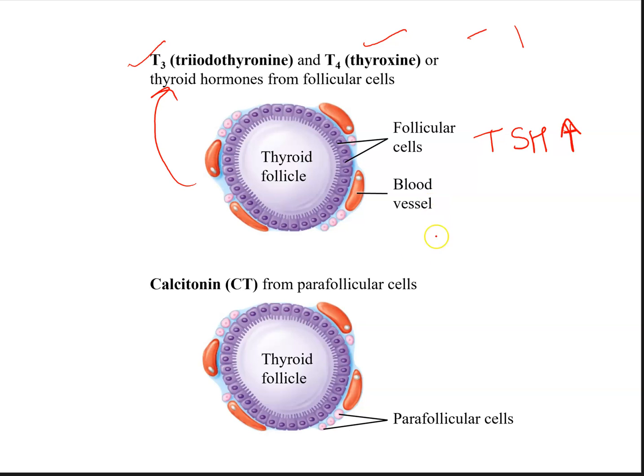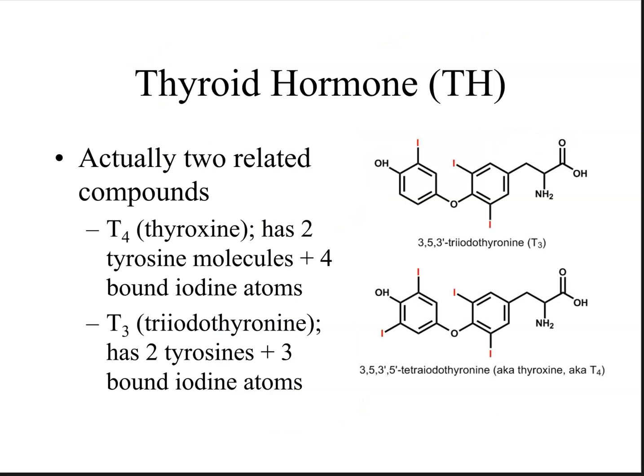So the major difference between T3 and T4 is the number of iodine molecules they contain in the chemical structure. T3 contains 3 iodine molecules. T4 contains 4 iodine molecules. So if you look at the chemical structure of the thyroid hormone, they are very closely related, but they have a different number of iodine attached to the structure.